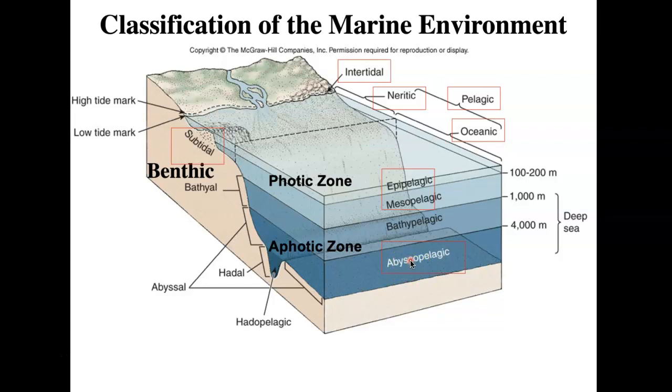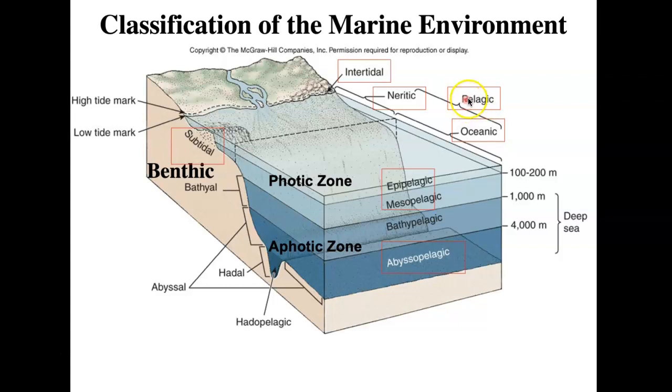So let's see, and when we talk about pelagic in general, I should have explained this. Epipelagic, mesopelagic, bathypelagic, and abyssopelagic are all classifications of this term here, pelagic. And pelagic typically means offshore open water, okay?